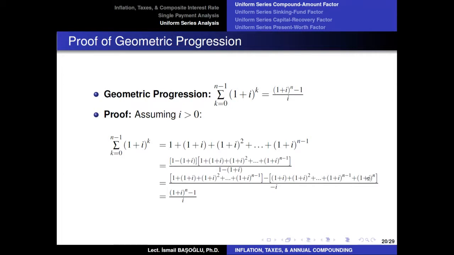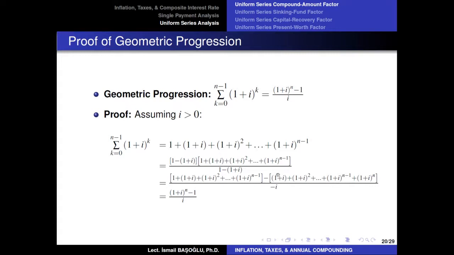Now, after doing that, you will easily realize that the terms in the first summation from (1 + i) to (1 + i)^(n−1) exist in the second summation as well. So they will simply cancel out by the negative sign between these two series.